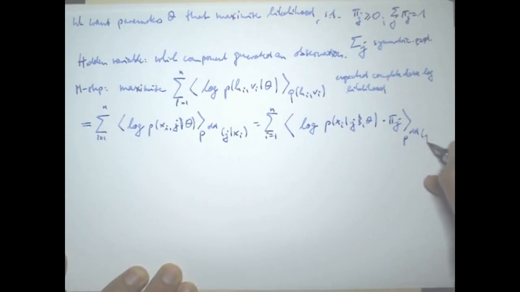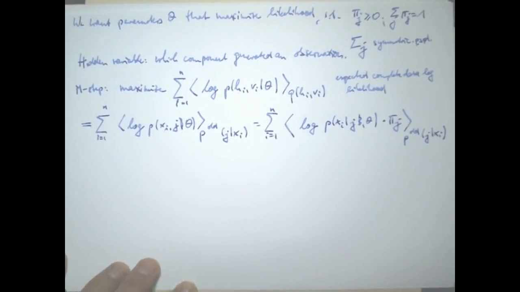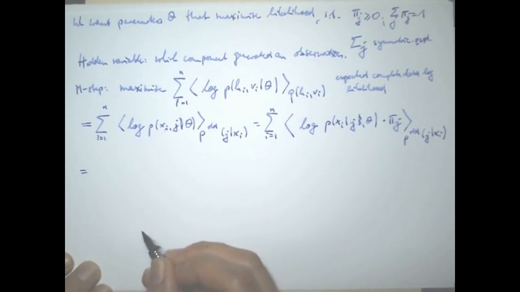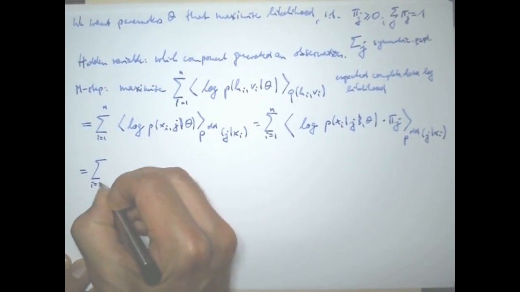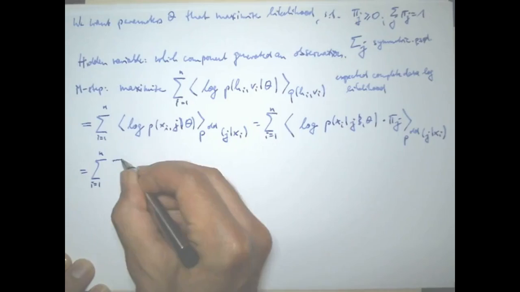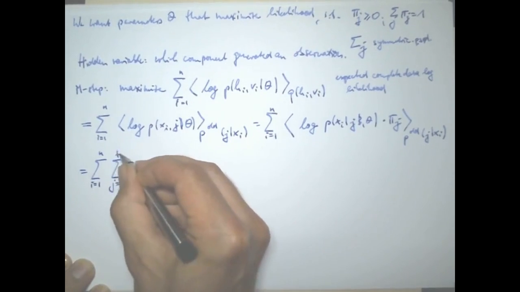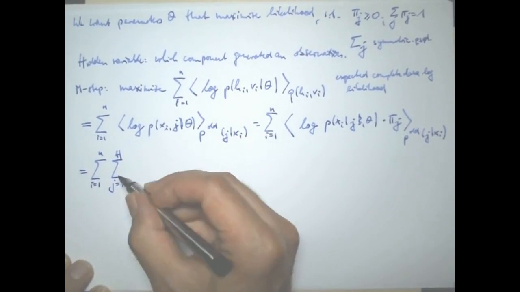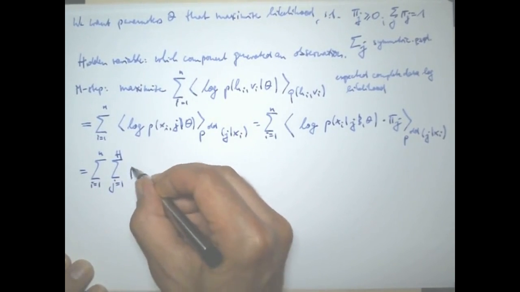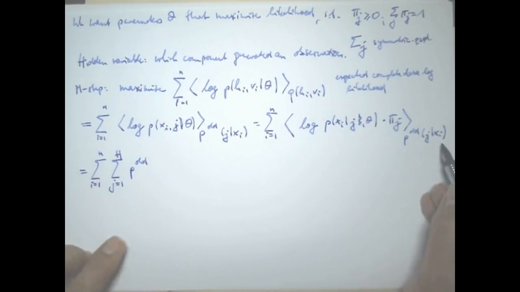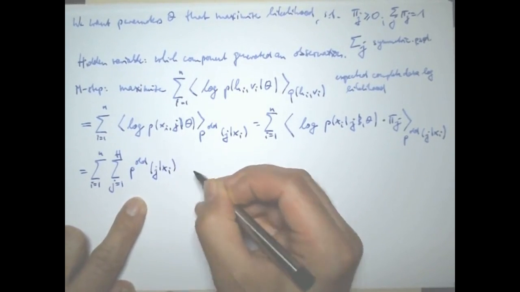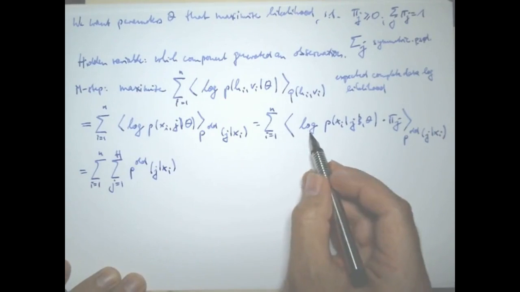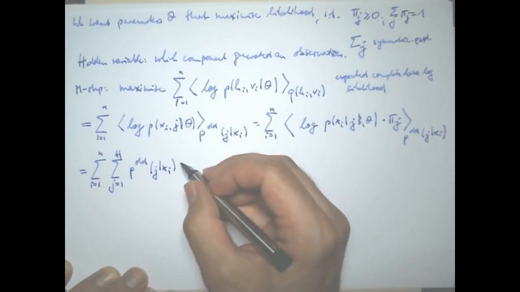Okay, now making this explicit, I have all the formulas, knowing that this is a mixture of Gaussians. I'm assuming a total of h components. Now this is the distribution with which I am averaging. And then the log cancels with the exponential of the Gaussian.